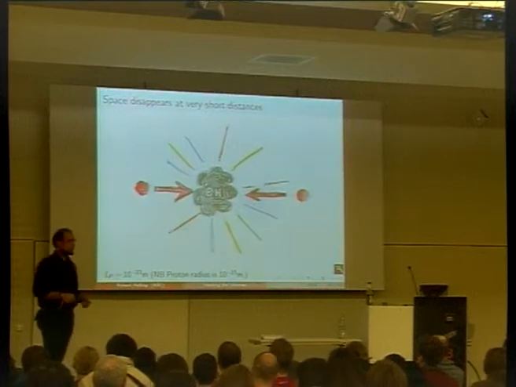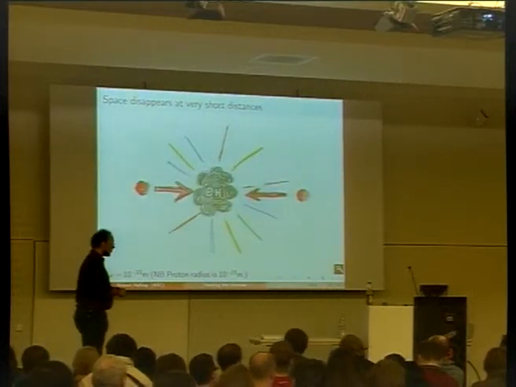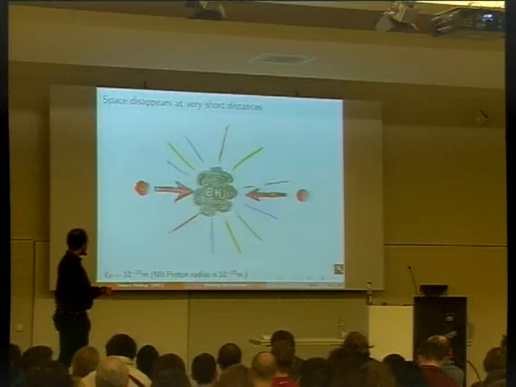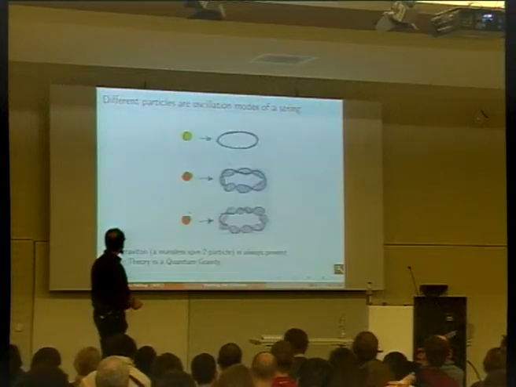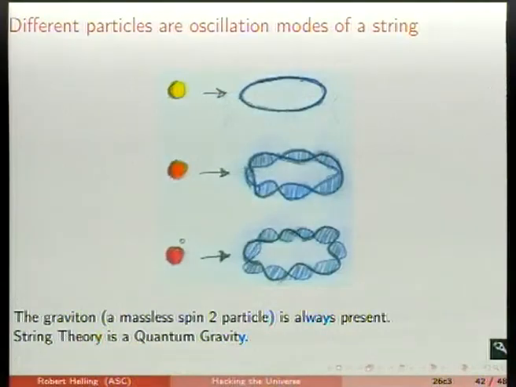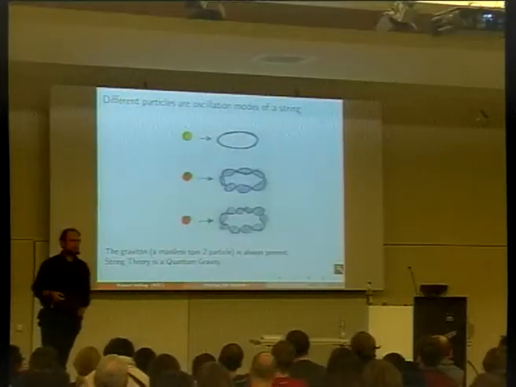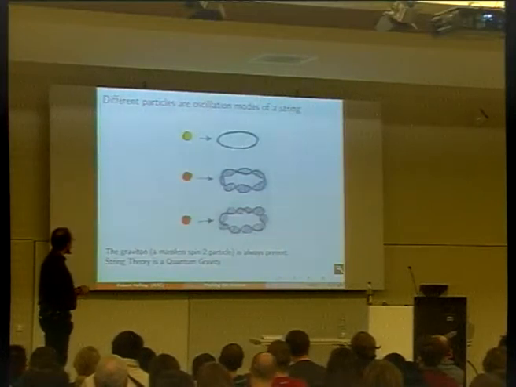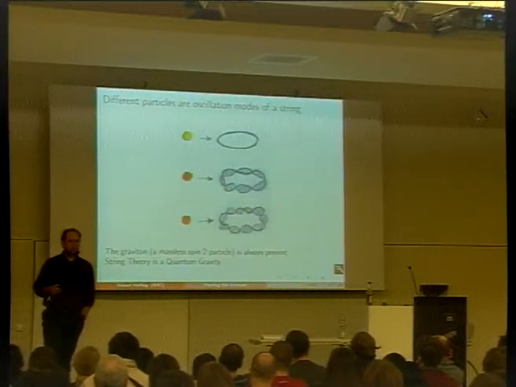But theoretically, it's an important thing to look at. And that's my area of expertise. So the most promising, as far as I'm concerned, and I would say most of my colleagues, approach is called string theory. And the idea is very simple, and that is actually the different particles are not different particles.